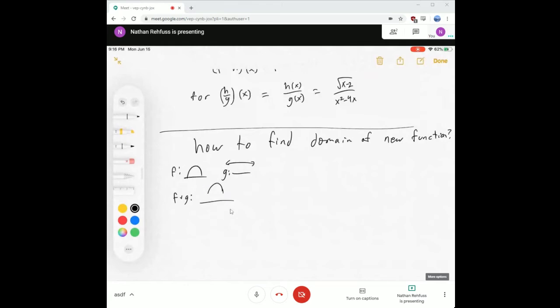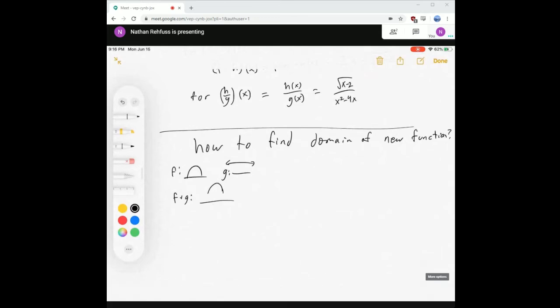But specifically, the only way I could find a point on this new semicircle is if that point existed on the old semicircle. So the lesson we learned is that the domain of f plus g, when I ask you what's the domain of a function, a good way to think of it is to ask, what points am I not allowed to plug in? It's anything but those. If there's a point I can't plug in, it's not in the domain. Anything else is in the domain automatically.